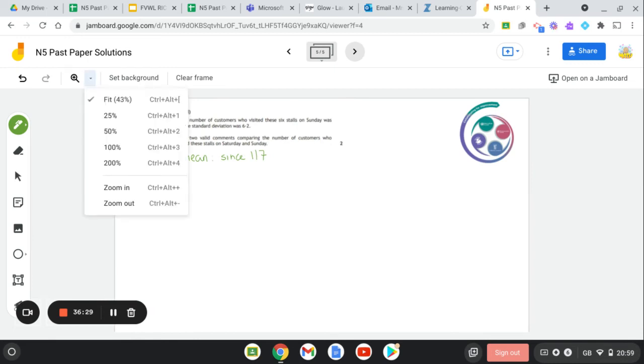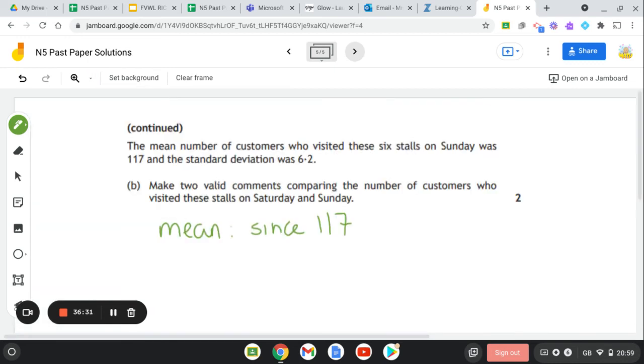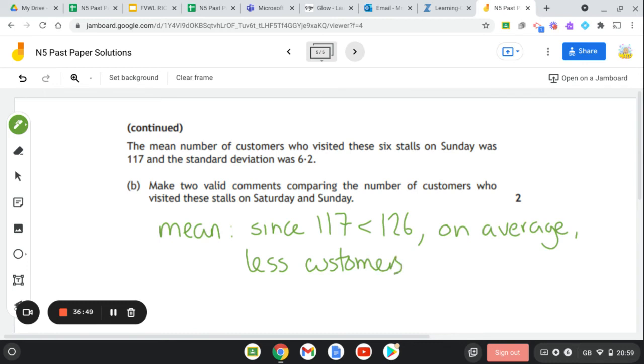So since 117 is less than 126, on average, so you've got to use those 2 words there, on average, less customers visited the stalls on Sunday.